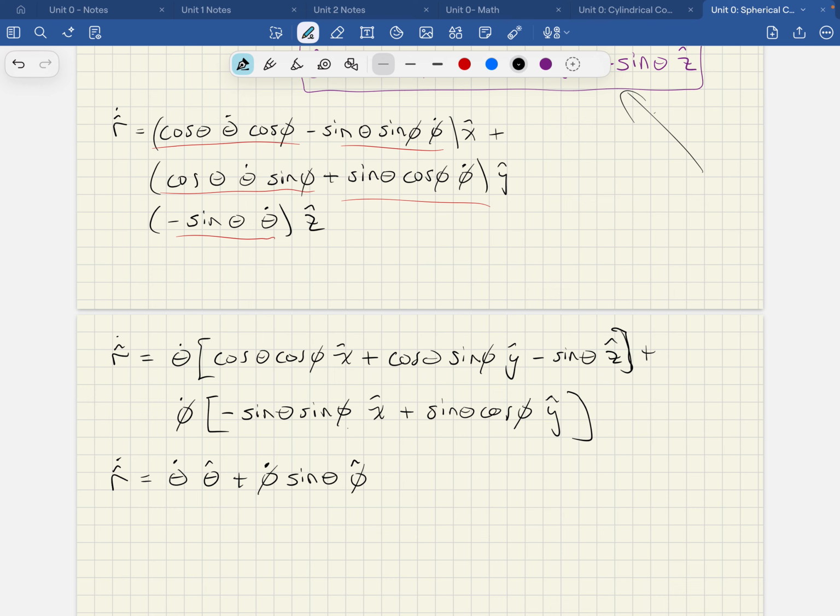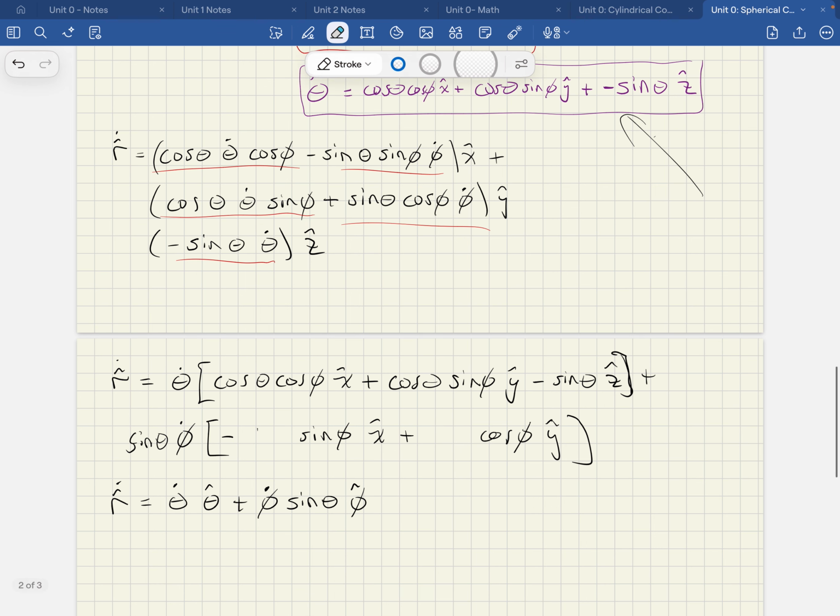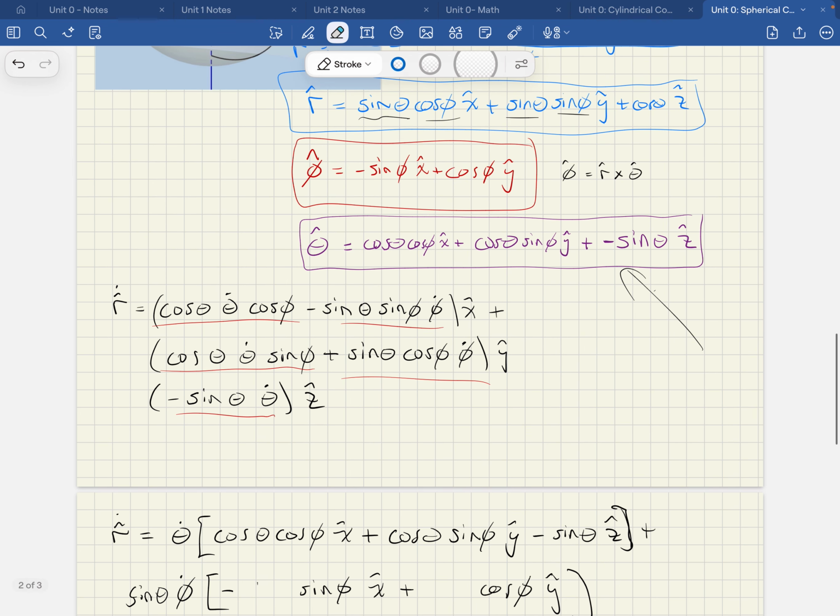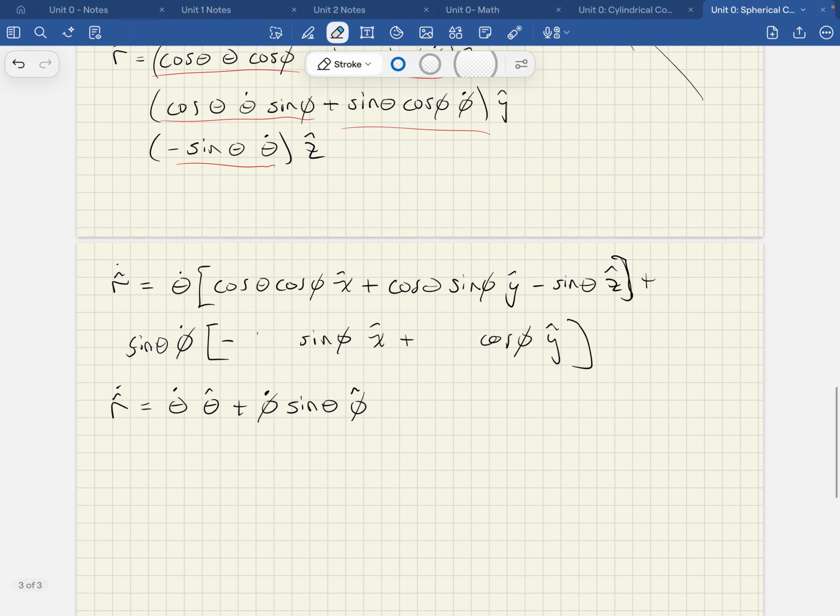So if I pull out the sine theta, I get a sine theta out here, and then this goes away, and this goes away. And I get minus sine phi x hat plus cosine phi y hat, which is phi hat.